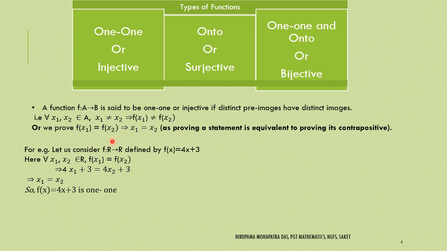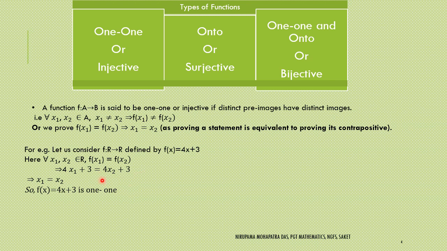So let's take an example. For example, let us consider the function f from real numbers to real numbers defined by f(x) = 4x + 3. Here, for all x1, x2 belongs to the set of real numbers, if we consider f(x1) equal to f(x2), it means 4x1 + 3 equal to 4x2 + 3.